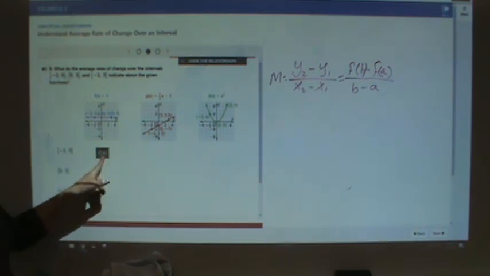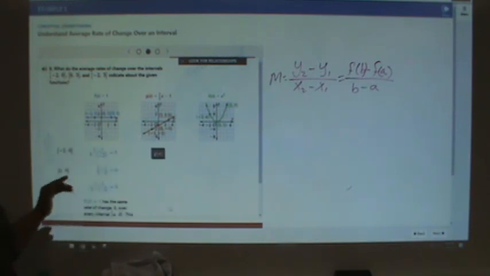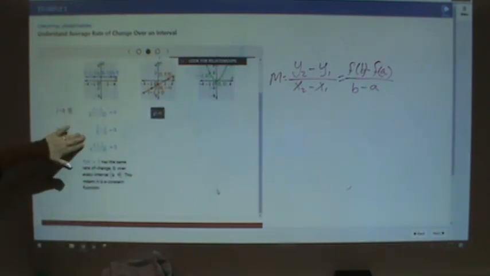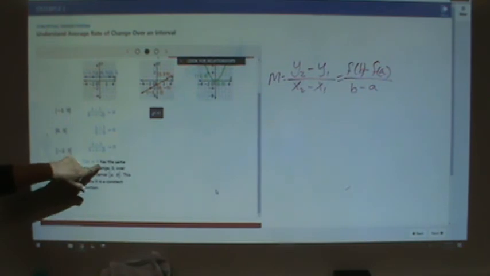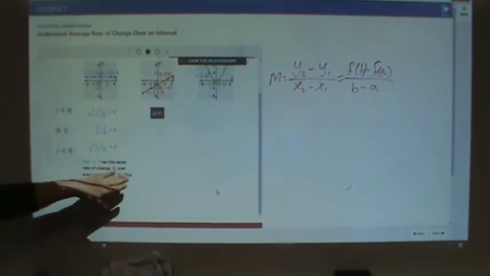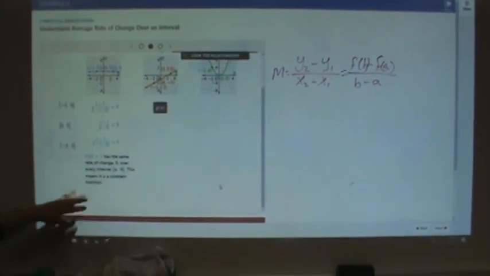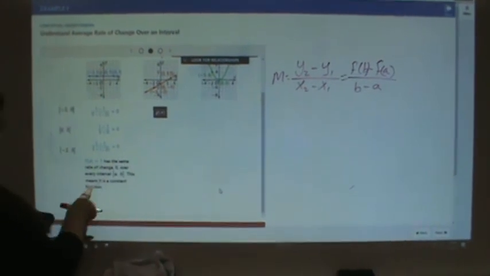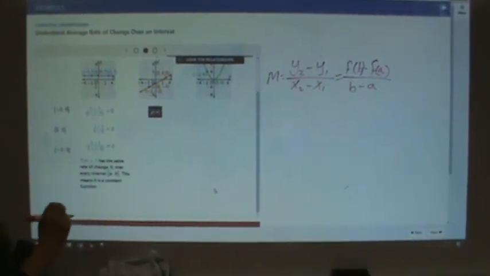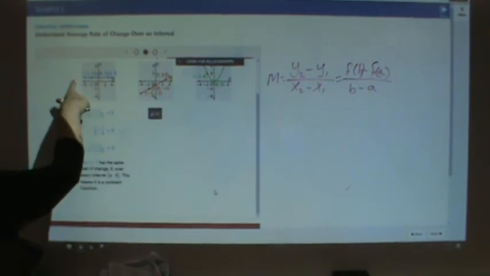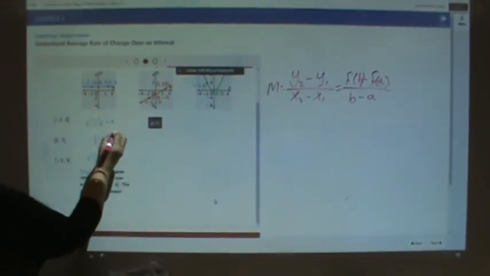Can you click on that and see what happens? All right, pull it down. So you'll notice f of x equals 1 has the same rate of change, 0, over every interval. This means that it is a constant function. All right? So the average rate of change is going to be 0.